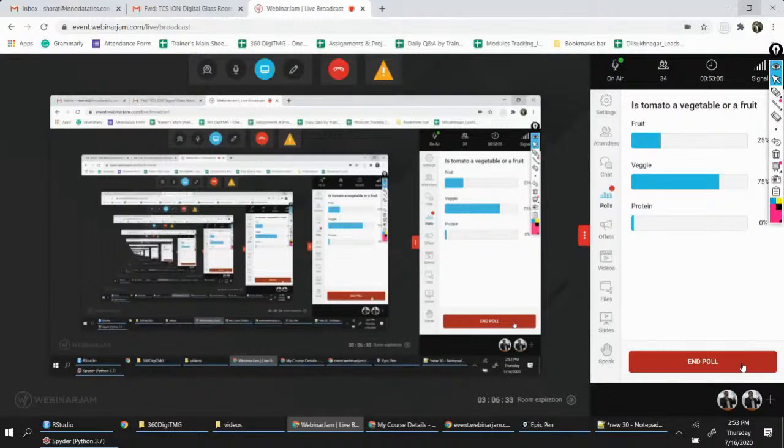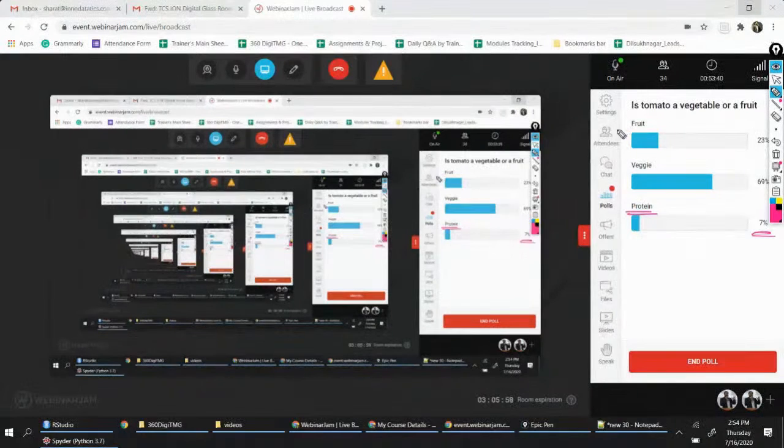A few members are thinking that it is a fruit. Somebody is saying protein. How can tomato be a protein, guys? It's either fruit or vegetable, right?